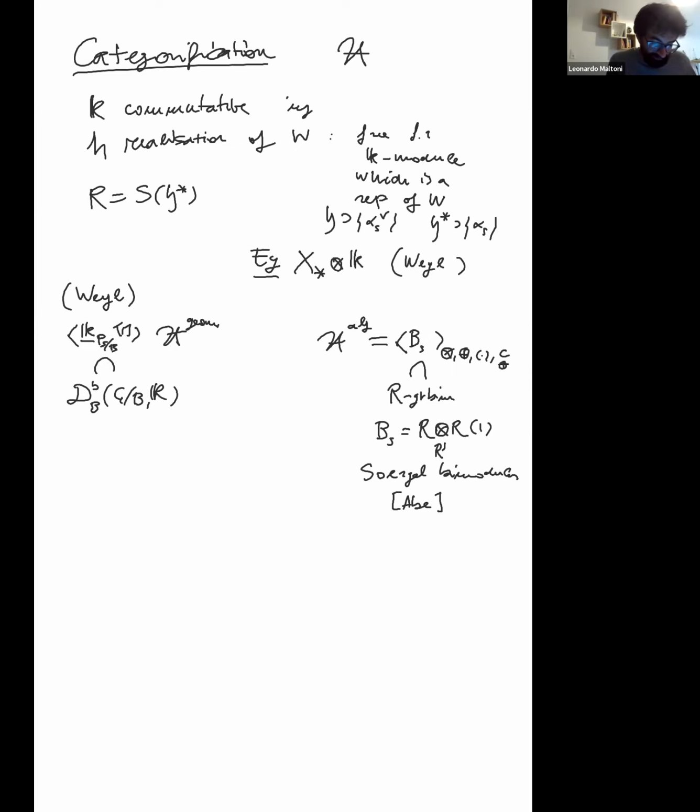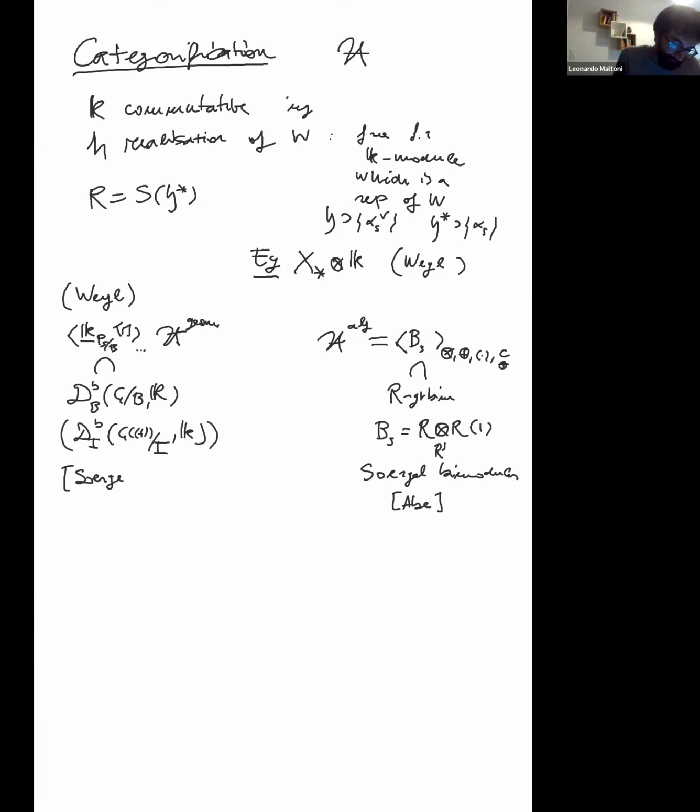So tensor product, direct sums, shifts in the cohomological degree in this case, and direct summands. And also we have an affine version if we take the affine flag variety, G((t)) over the Iwahori, with coefficients in K. And this is also a construction due to Soergel partially.